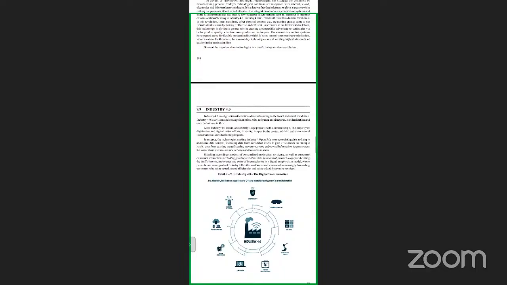Industry 4.0 is the digital transformation of manufacturing in the fourth industrial revolution. Industry 4.0 is a vision and concept in motion, with reference architectures, standardization, and even definition in flux.